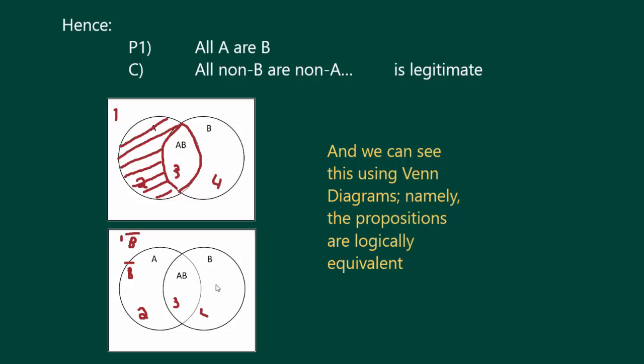And we have non-A's in area 4. And we have non-A's in area 1. And what we're told is that everything that is a non-B is a non-A. But in 2, if we do not shade that area, we have non-B's that are A's. But we're told that all non-B's are non-A's.